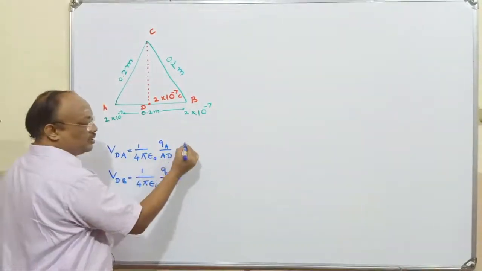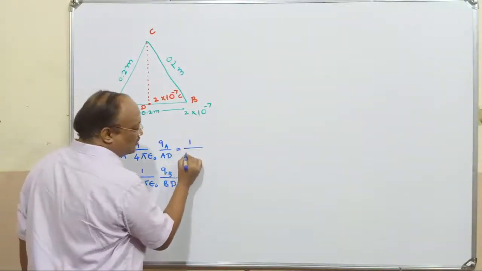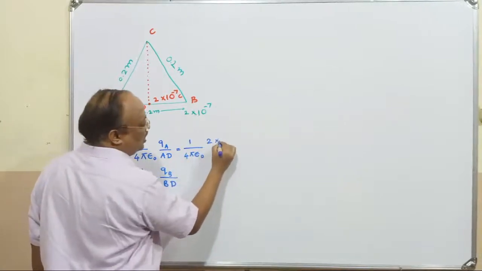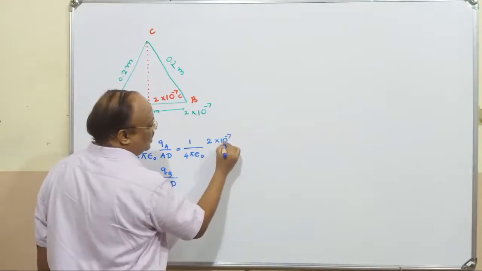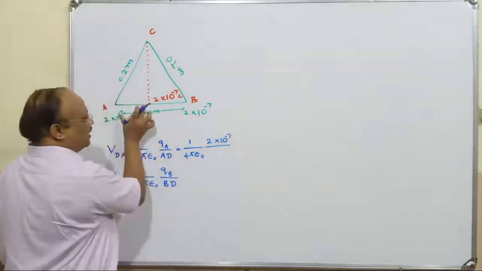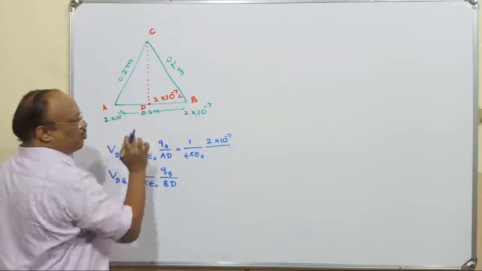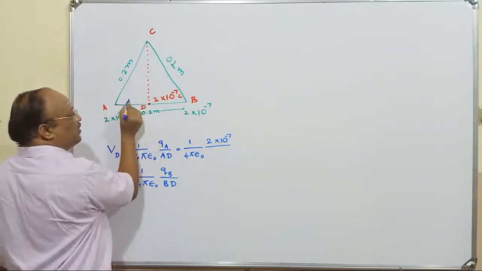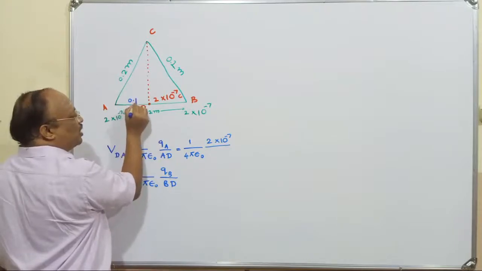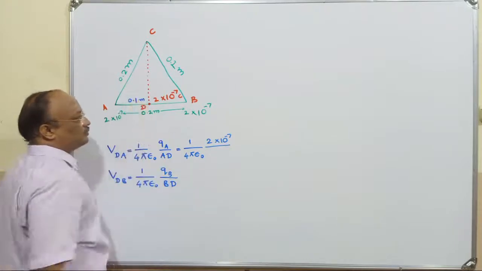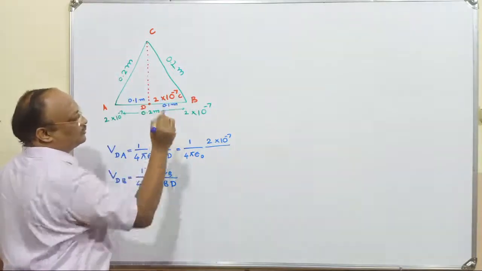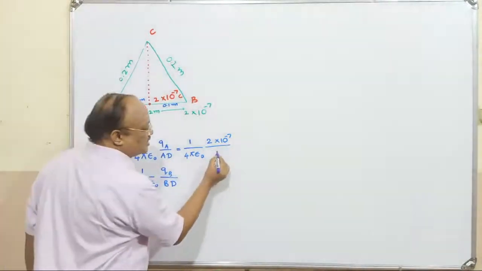This is equal to 1 by 4 pi epsilon naught, charge is 2 into 10 to the power of minus 7 divided by this total length is 0.2, but it is in the midway, in the sense this is 0.1 meter and also this is 0.1 meter.